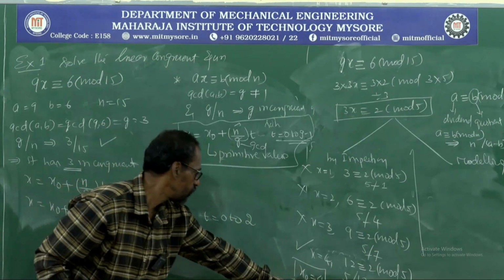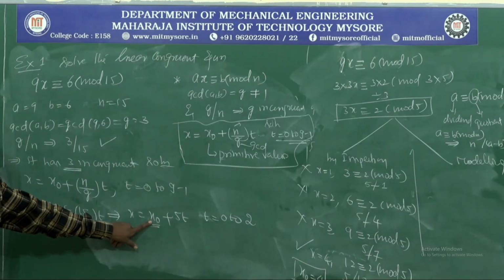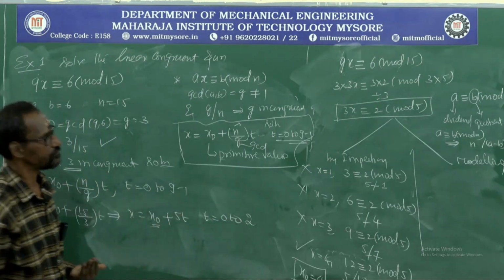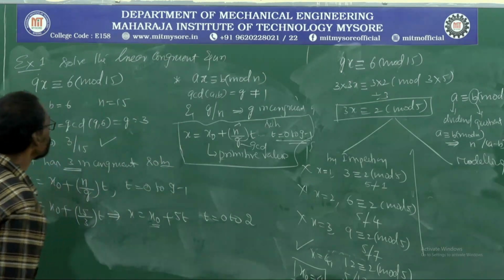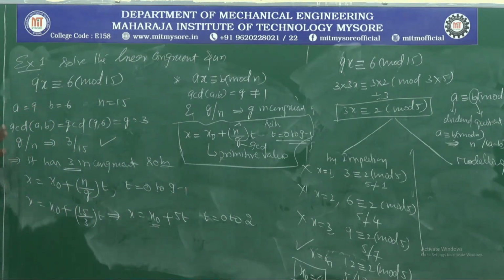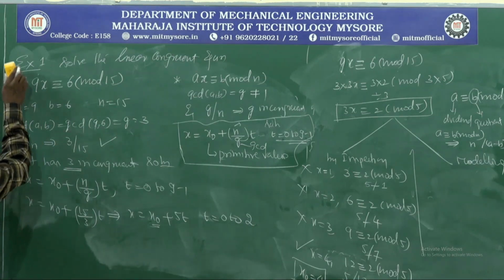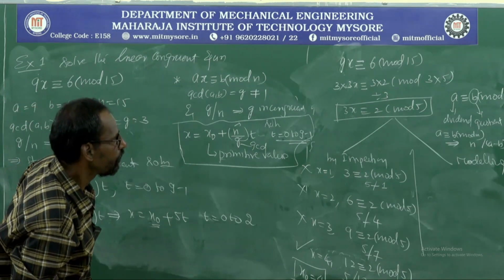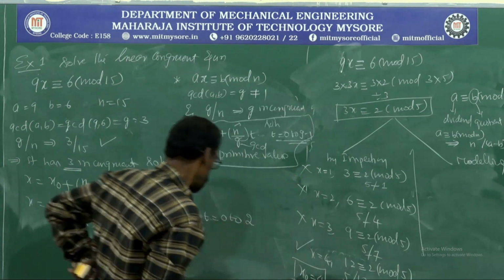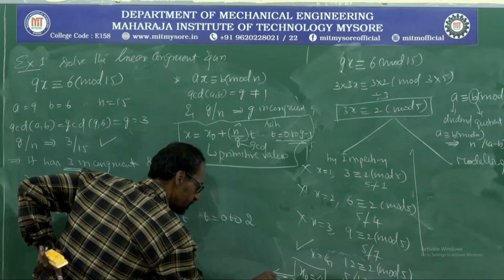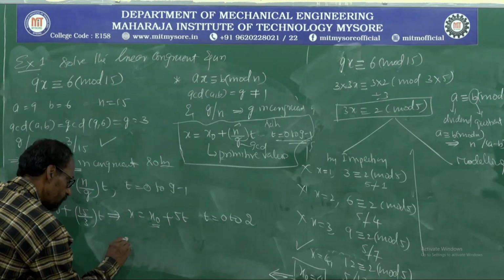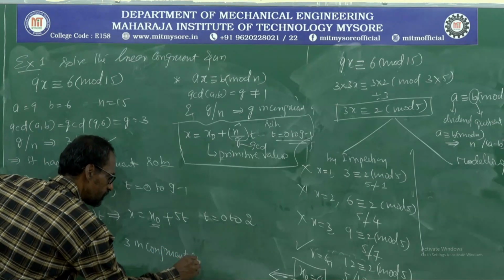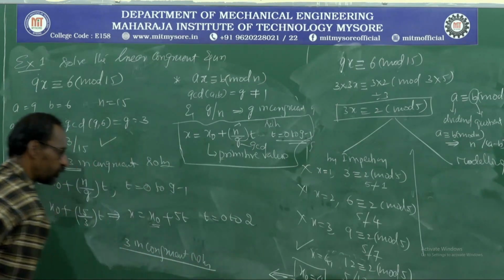Once you got x naught equal to 4, you can come back and substitute here, running the value t from 0, 1, 2, I am going to get 3 values. So, no place for me. Shall I erase this part? I will erase this part. So, this implies I want 3 incongruent solutions. How to find the 3 incongruent solutions?